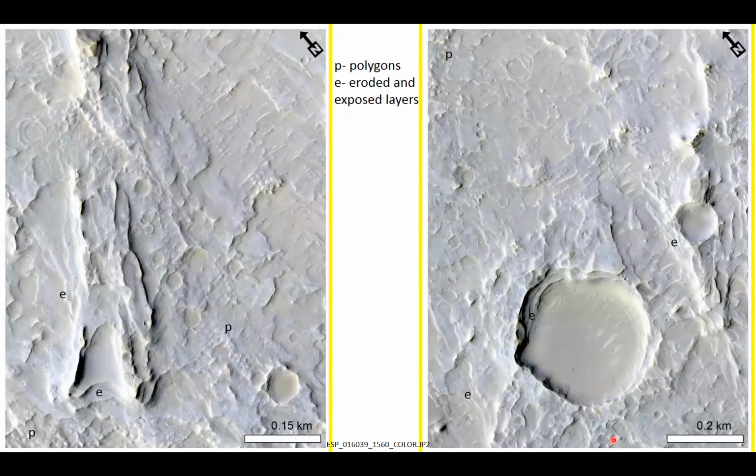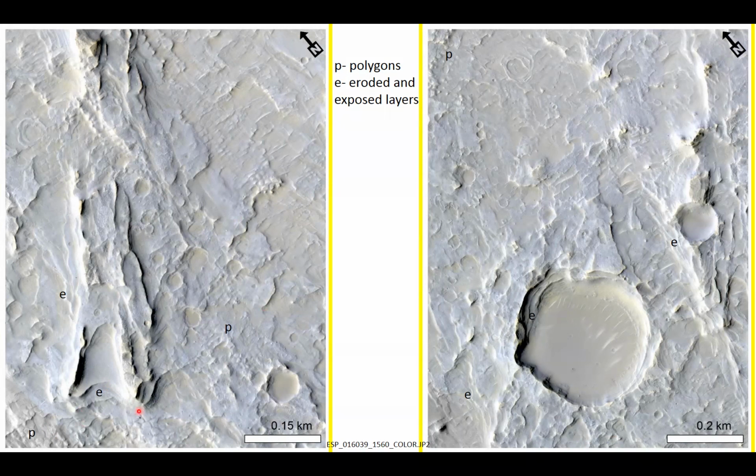How are they modified? Again, the inverted ridges like earlier cases. In the case of Rio, this is the inverted ridge, and you can see the layers and the polygons present in different parts of the crater, and they are different eroded layers. That means this crater has been modified post formation by a huge amount of sediments deposited within the crater.